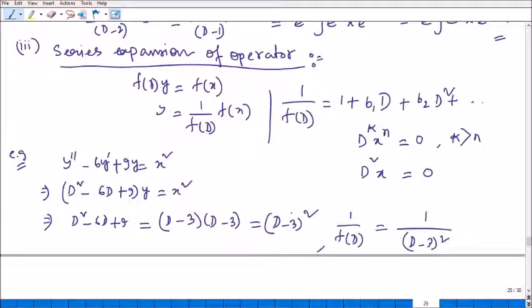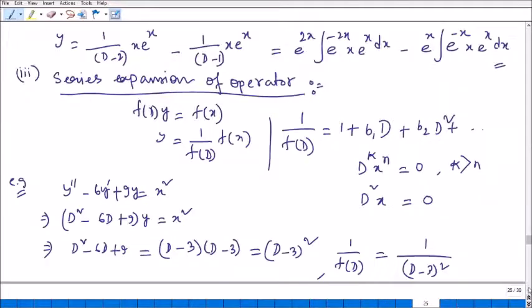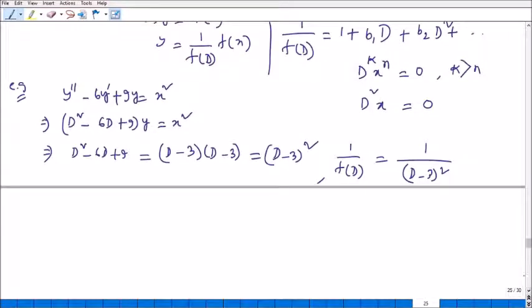You see that the two roots are equal, so this type of problem cannot be solved using partial fractions. In the series expansion method, you have to expand this term binomially.